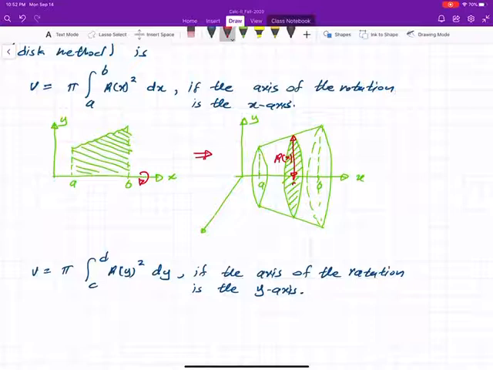Here you have that point is x, this radius is r of x, you can see that.